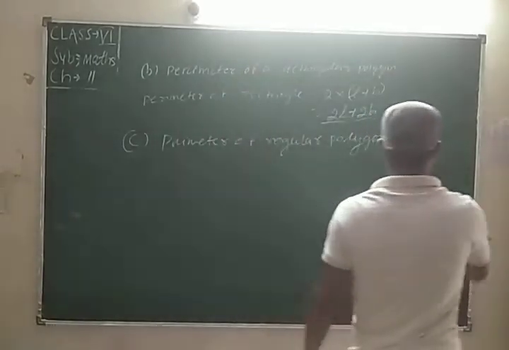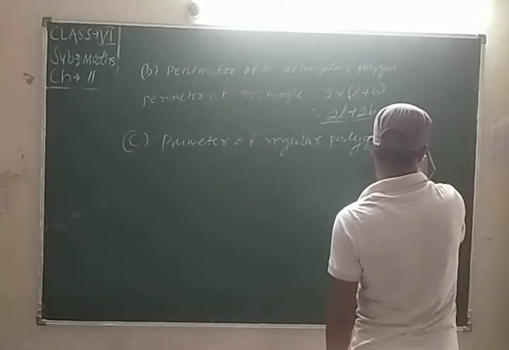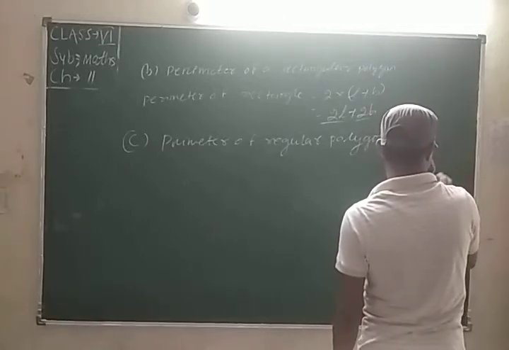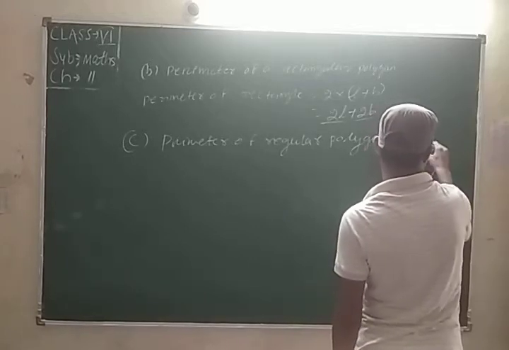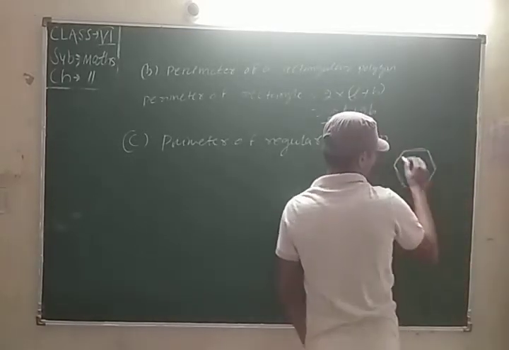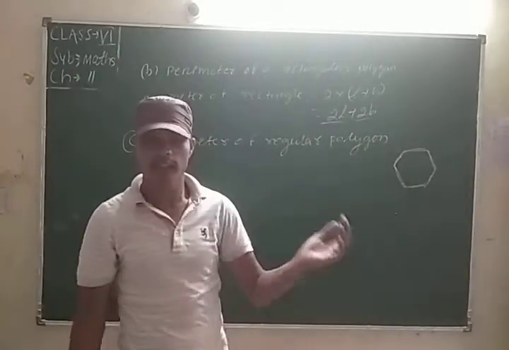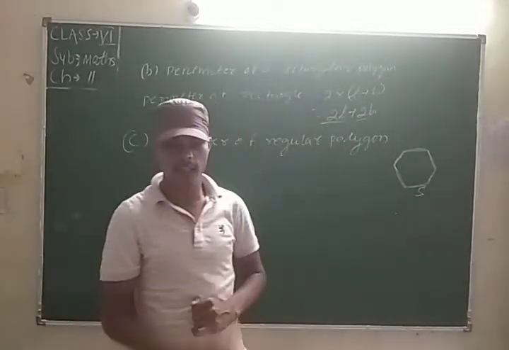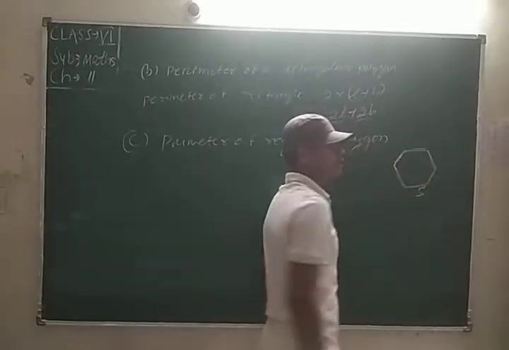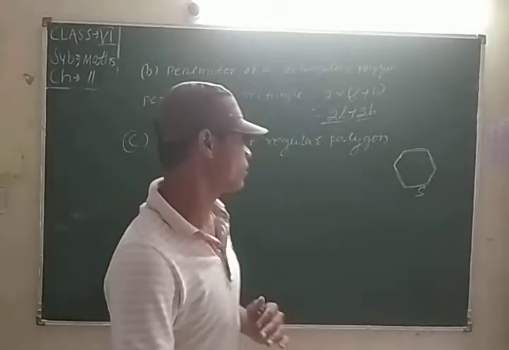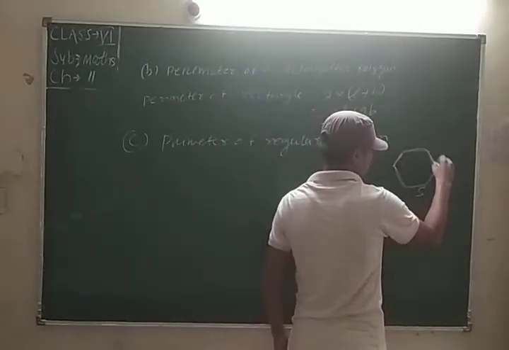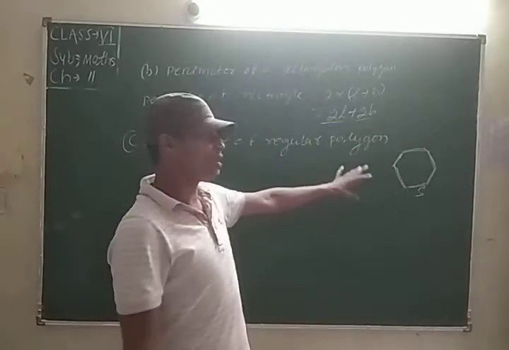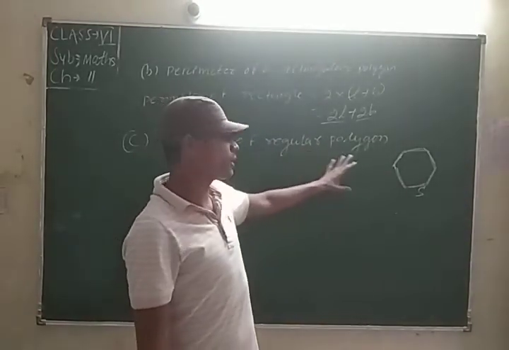Here we drew a figure: 1 side, 2, 3, 4, 5, and 6 sides. If the side is denoted by S, the perimeter of a regular polygon is equal to the sum of its sides. That means when we add all the sides, we get the perimeter of the regular polygon.